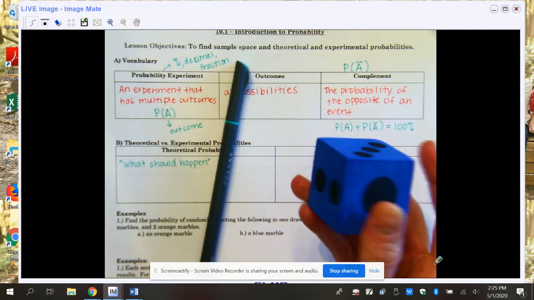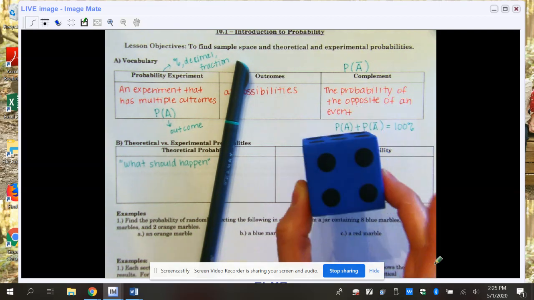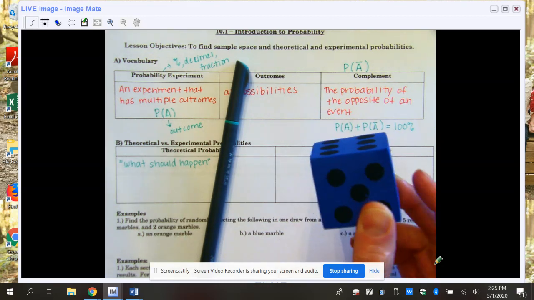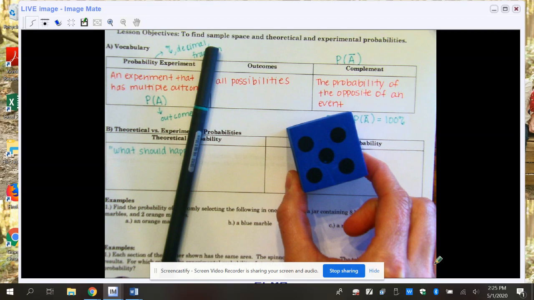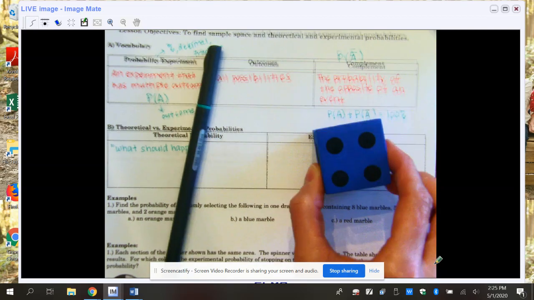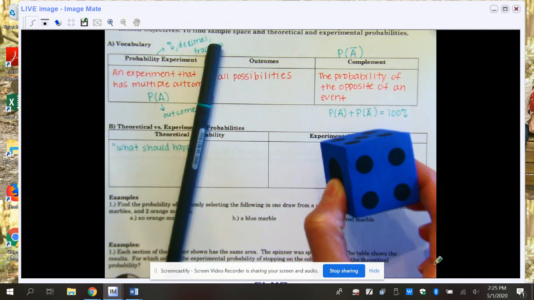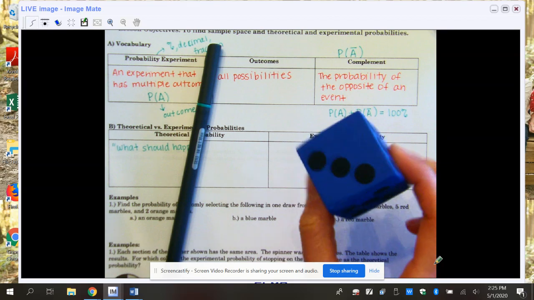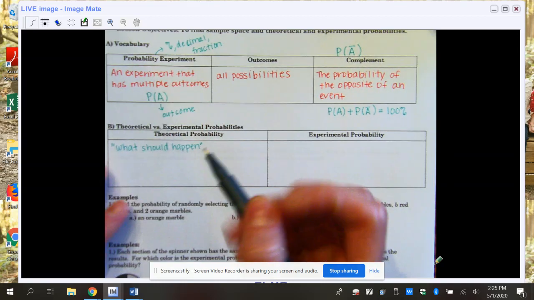There is not one number that appears more than another. All sides are equally represented. So in theory, the probability that I roll a 5 should be 1/6. The probability that I roll a 4 would be 1/6. The probability that I roll an even would be 3/6 or 1/2. And so the theoretical probability is what should happen.